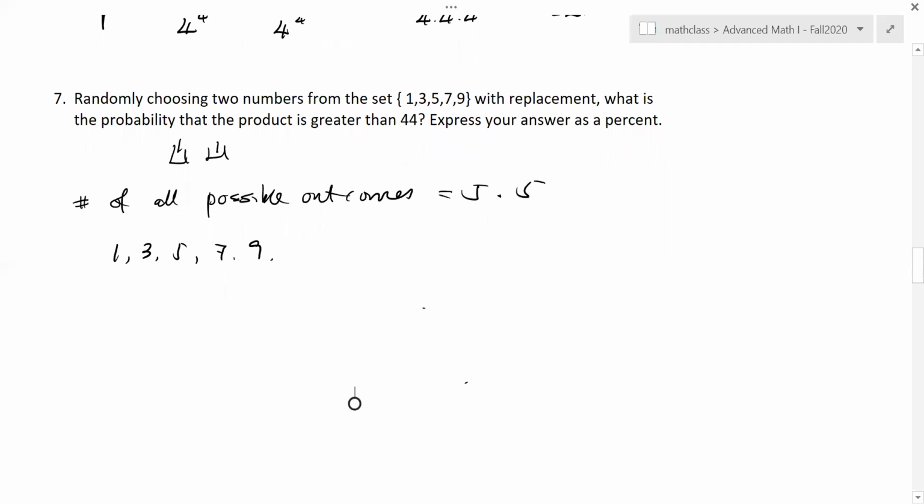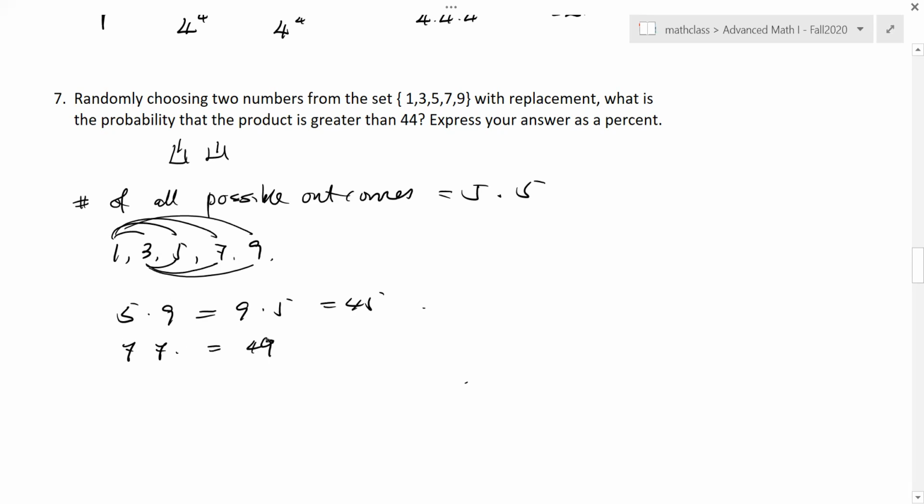All right. So what you're going to do is quickly look at the possible products. You have to check which product is greater than 44. So 5 times 9, which is the same as 9 times 5, is 45. And 7 times 7 is 49.